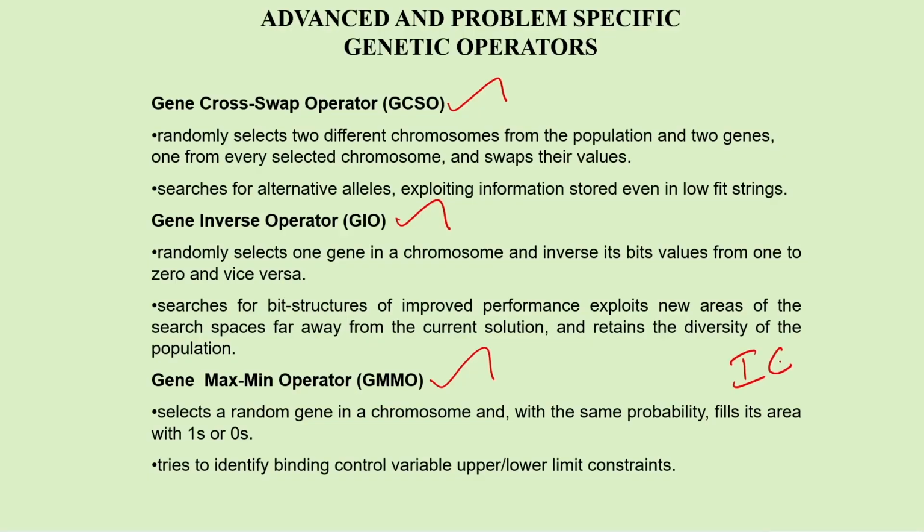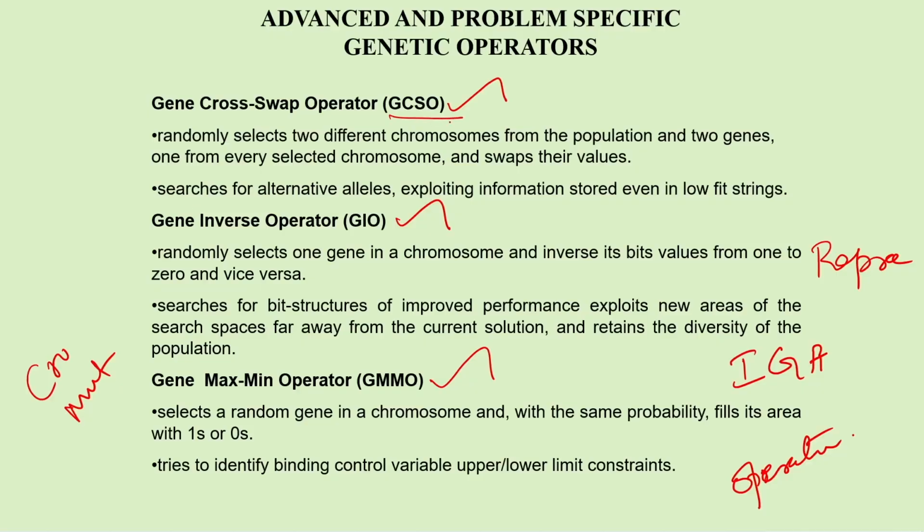In this improved genetic algorithm, we do not work on the representation, we work only on the operation. So we have included additional operators in addition to the standard crossover, mutation and everything. What are those additional operators? Gene cross swap operator, gene inverse operator, gene max min operator.